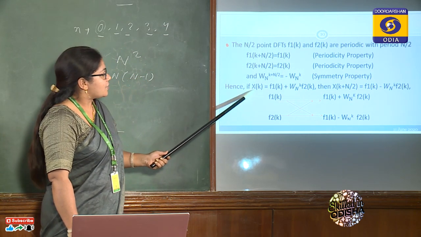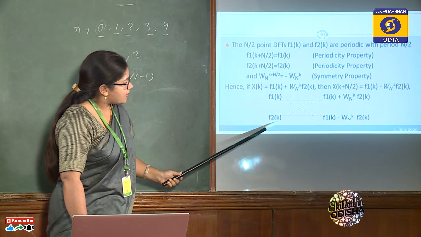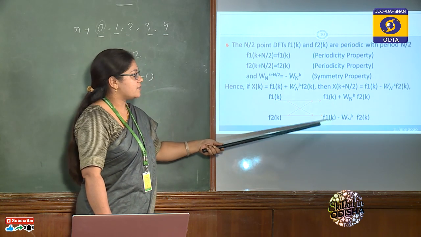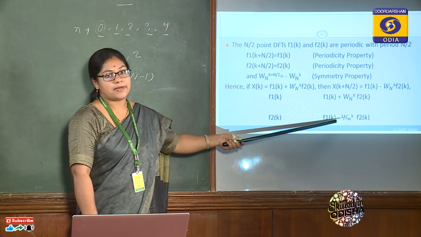X(k) is F1(k) plus this, and if we add a phase of N by 2, then this becomes minus because of this property of the twiddle factor. So taking F1(k) and F2(k), one factor will be this, the other will be minus of W_N to the power k by using the symmetric property.